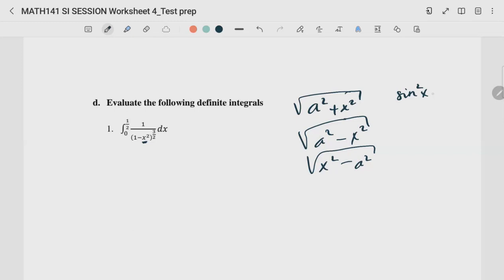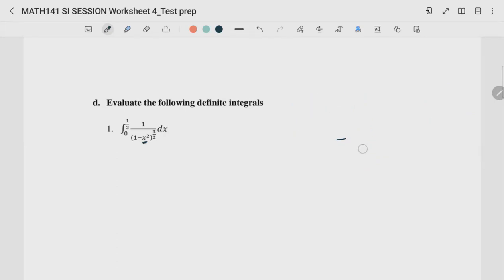So sine squared equals 1 minus cos squared, tan squared equals sec squared minus 1. Don't quote me on this, but most likely you will have something like that. I don't think it would give you something too complicated, but then again, you never know.